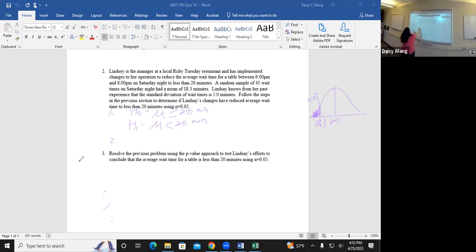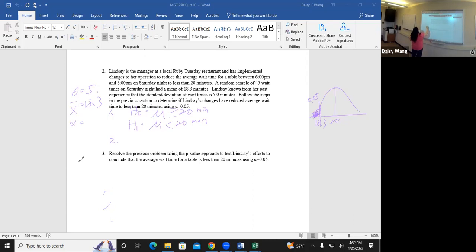So the second, she wants to do that, and then the standard deviation for this is 5 minutes. Okay, so sigma is 5 minutes, and the X bar is 18.3 minutes. And then the alpha is 0.05.